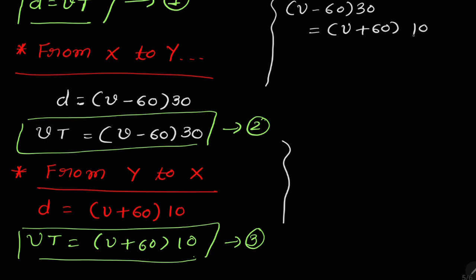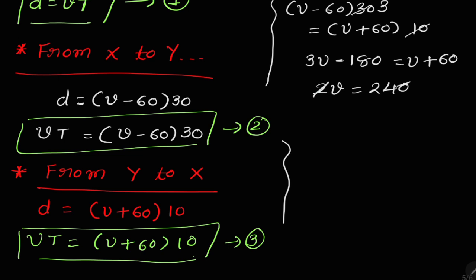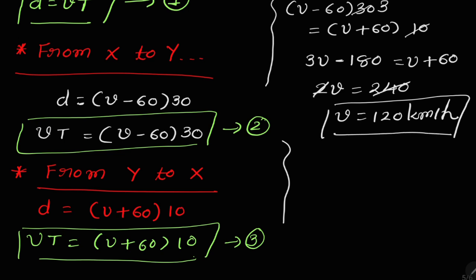Now as we simplify, 10 3s are 30. 3 into V means 3V minus 180 is equal to V plus 60. 3V minus V means 2V. 2V is equal to 240. And as we further simplify, V is equal to 120 kilometer per hour. So बच्चों, this is the speed of the bus, 120 kilometer per hour.